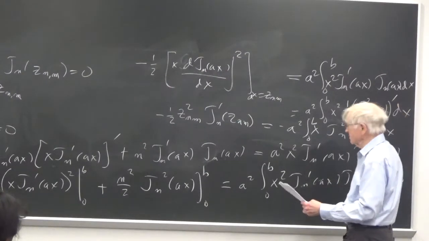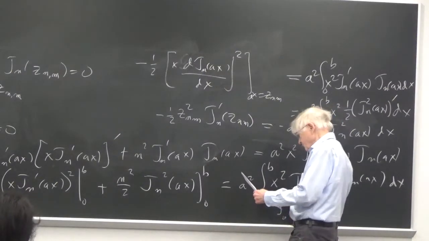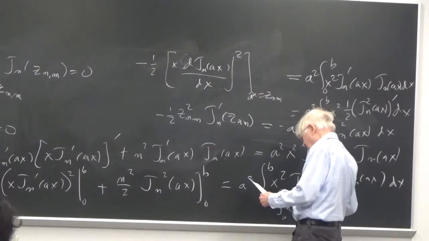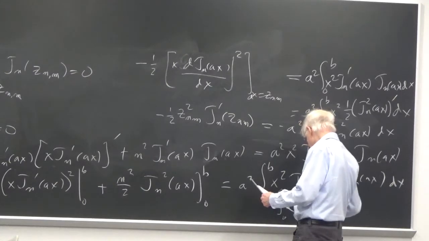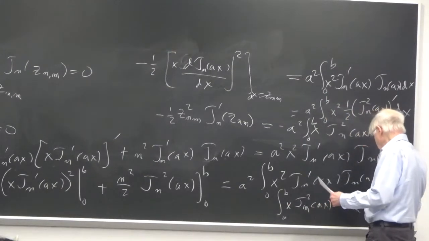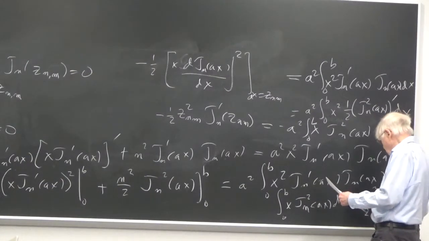Anyway, the final result is that the integral 0 to b of x Jn squared of ax dx is Znm squared over 2a squared.